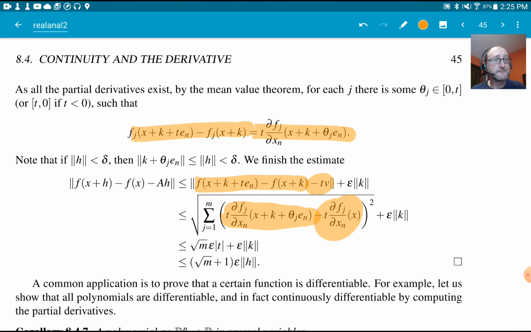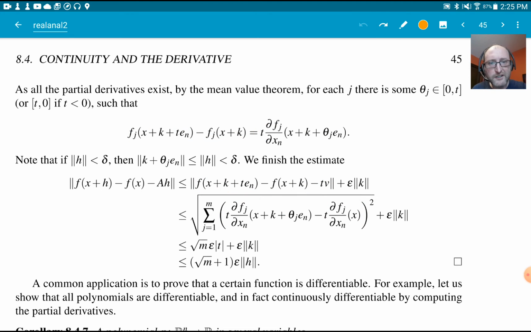V, remember, is the last column of this matrix that's our supposed derivative, so it's the matrix of partial derivatives. Let's take stock of where we are.